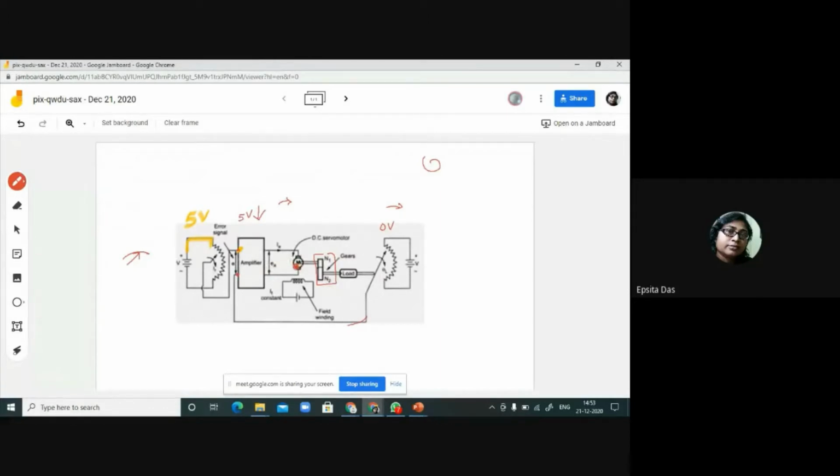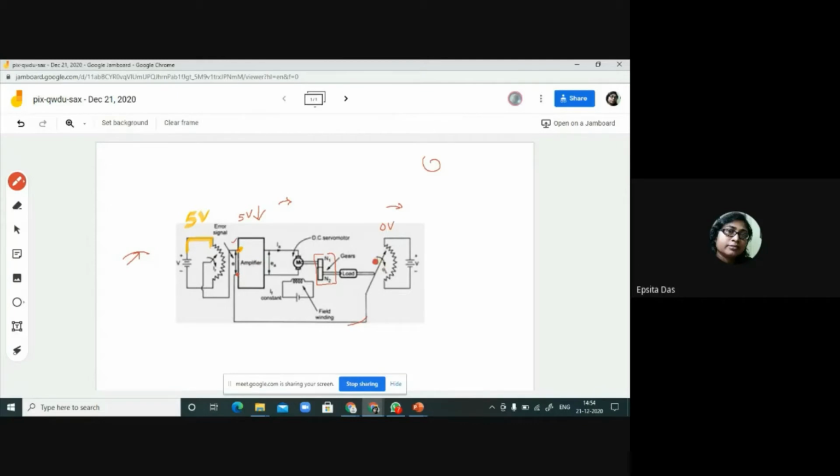Naturally, the motor is going to slow down, and this movement will happen again, but with a small incremental movement of the pointer, as the motor is slowing down. Though it may be less, as it is moving, a small amount of additional voltage is developed, which is coming to here.